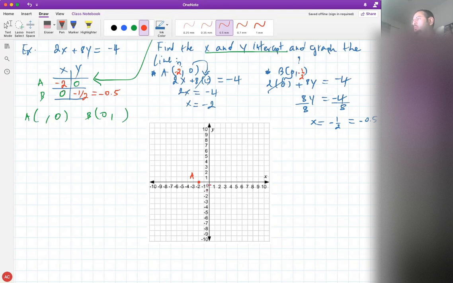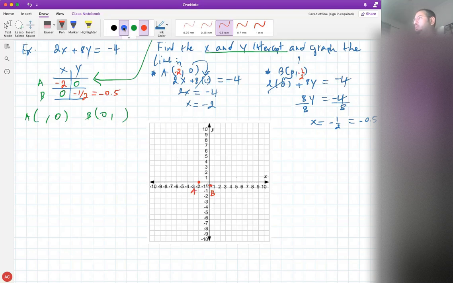So this is negative 1. Negative 1 is here, so just negative 0.5. It's in the middle between 0 and negative 1. So that's our second point. So that's B. You need at least 2 points. This is A and this is B.